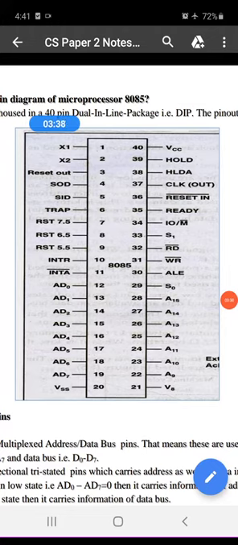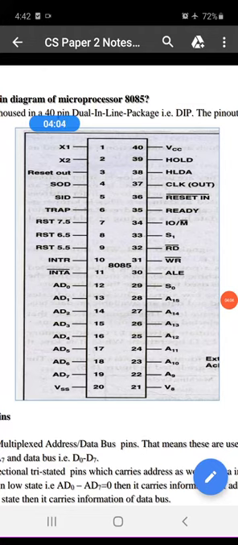From pin number 12 to pin number 19, these 8 pins, you see there are 2 letters A and D: AD0, AD1, AD2, AD3, AD4, AD5, AD6, AD7. So these are the address data bus. They can be used for 8-bit data, or they can be used for the 16-bit address.